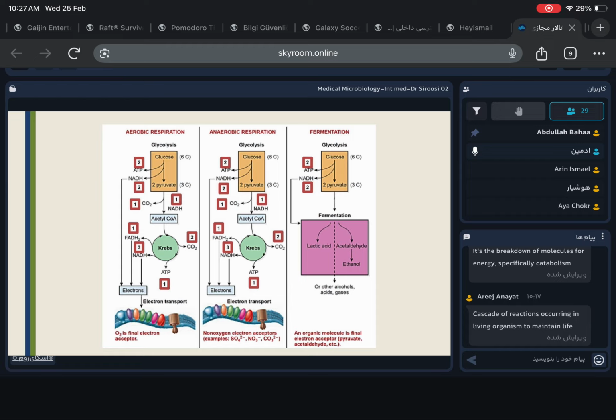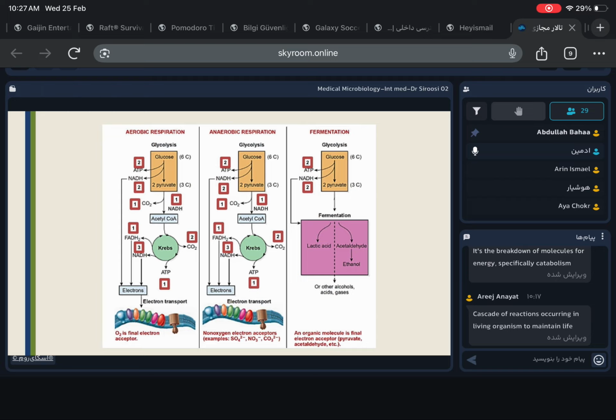In anaerobic respiration, glucose also undergoes glycolysis followed by the Krebs cycle, which are similar to aerobic respiration. The key difference here is the final electron acceptor in the electron transport chain. Instead of molecular oxygen, in anaerobic respiration, other molecules act as the final electron acceptor.